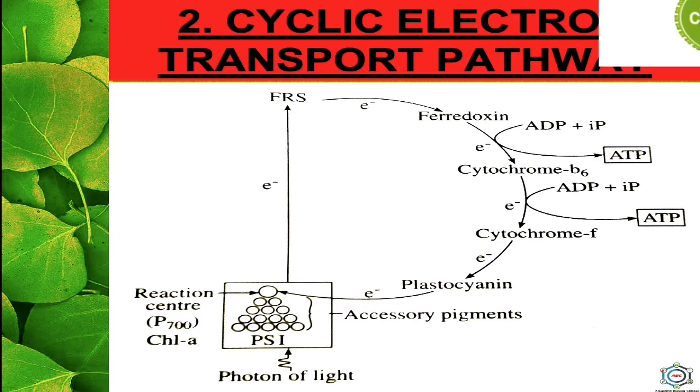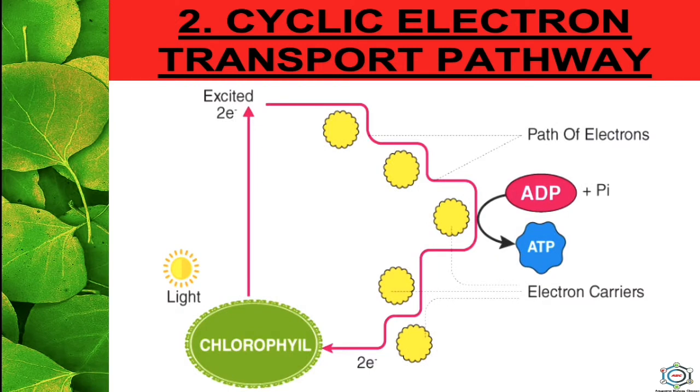The cyclic electron transport pathway begins after the photosystem first pigment complex absorbs light. The pigments transfer their energy to photosystem first reaction center, that is P700. The outer valence electron of the excited P700 is raised to a higher energy level, which is captured by the primary acceptor of photosystem first.